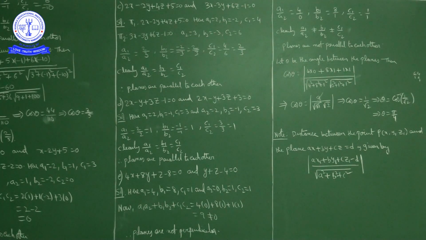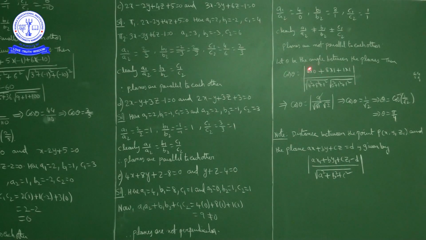Here the numerator is 4 into 0 plus 8 into 1 plus 1 into 1. The denominator is square root of 4 square plus 8 square plus 1 square, into square root of 0 square plus 1 square plus 1 square.